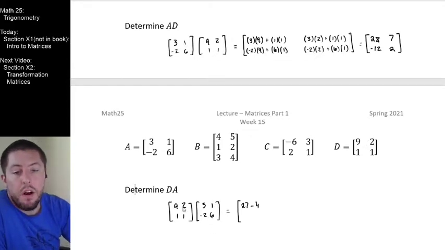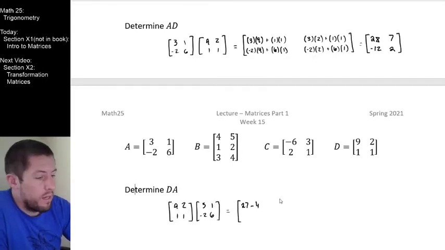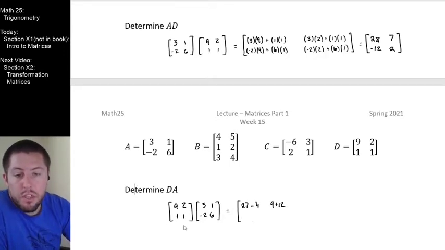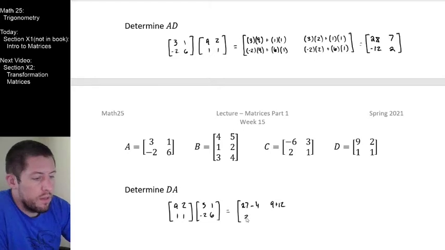For my upper right term, I should do row 1 times column 2. 9 times 1 is 9. 2 times 6 is 12. Lower left corner should be row 2 from the first matrix, column 1 from the second, because we're in row 2, column 1 in this position. 1 times 3 is 3. 1 times negative 2 is negative 2.